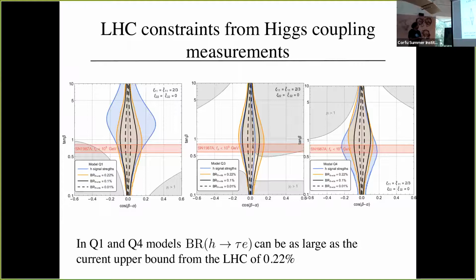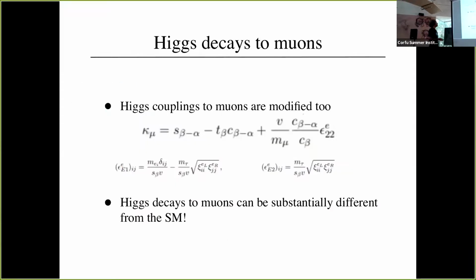So current constraint is 0.22%. So just to summarize those plots, the main point is that we can have in those models Higgs to tau e decay branching ratio as large as allowed by the LHC. So in a sense, we can see new physics here anytime.